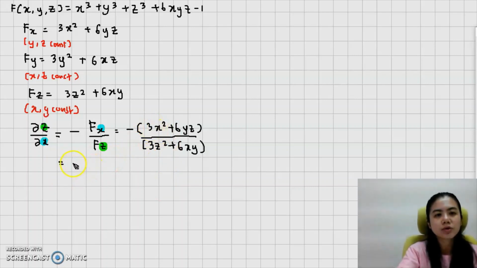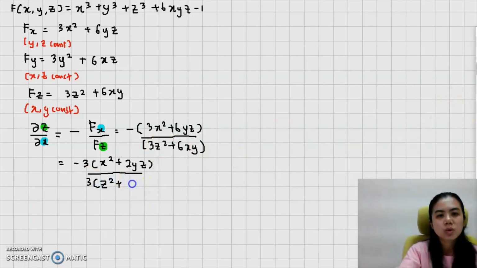So we have minus 3 here, with the remaining x squared plus 2yz, divided by the same thing, factoring out the 3, so we have z squared plus 2xy.